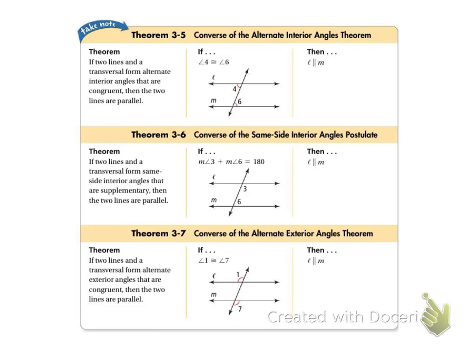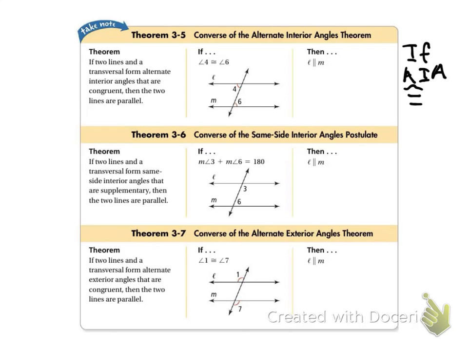Okay, three more theorems. Again, you don't need those, but if you really want to write them, you may. The converse of the alternate interior angles theorem says if alternate interior angles are congruent, then the lines are parallel.